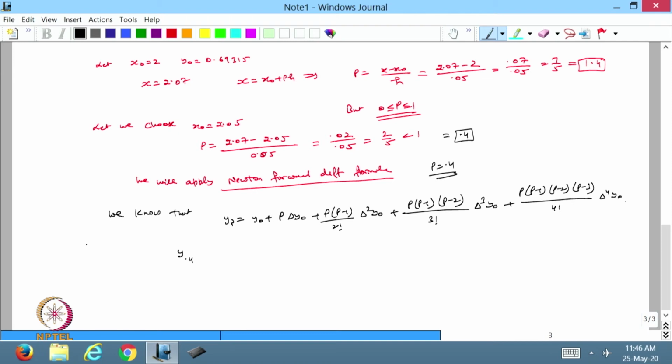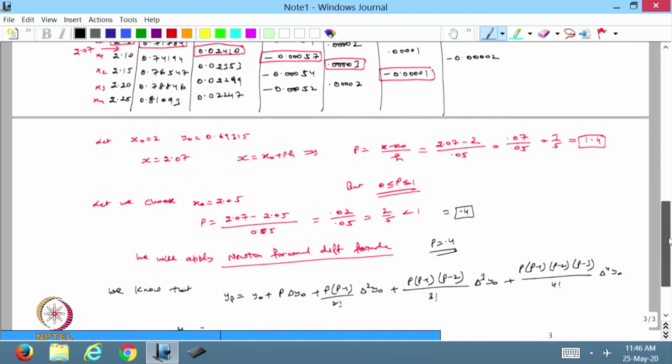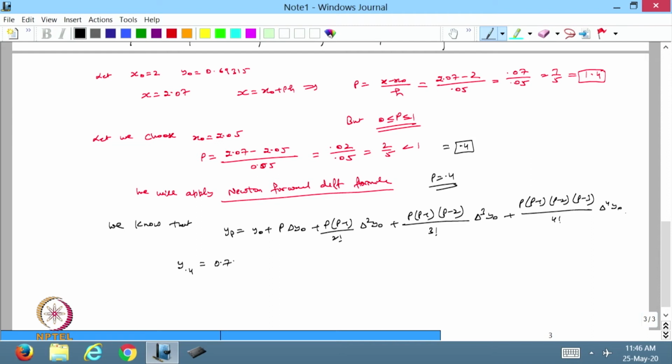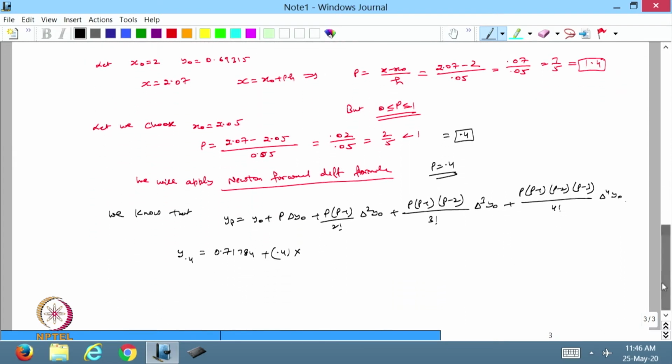So, my x approximate value is, I will substitute the value y naught. So, y naught is 0.71784 plus p is 0.4 multiplied by the next. So, it is 0.02410 multiplied by 0.4, 0.4 minus 1 by 2 factorial.